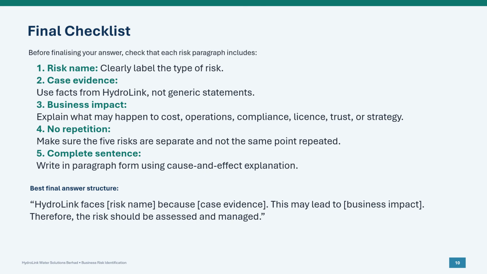Business impact: explain what may happen to the cost, operation, compliance, license, trust, or strategies. Don't repeat your answer: only one risk, one time only. Make sure that you have the 5 risks there. Complete all in paragraph form, with full sentences. Okay, that's all. Thank you.